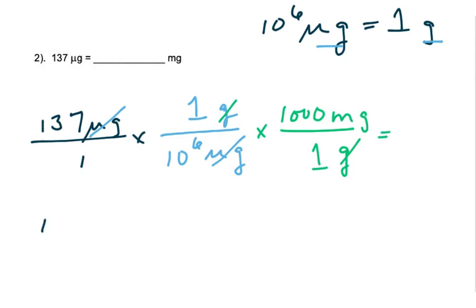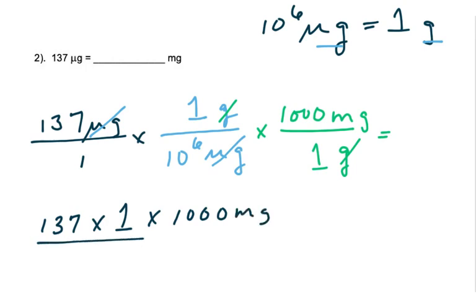It's going to be 137 times 1 times 1,000 milligrams divided by 1 times 10 to the 6 times 1.